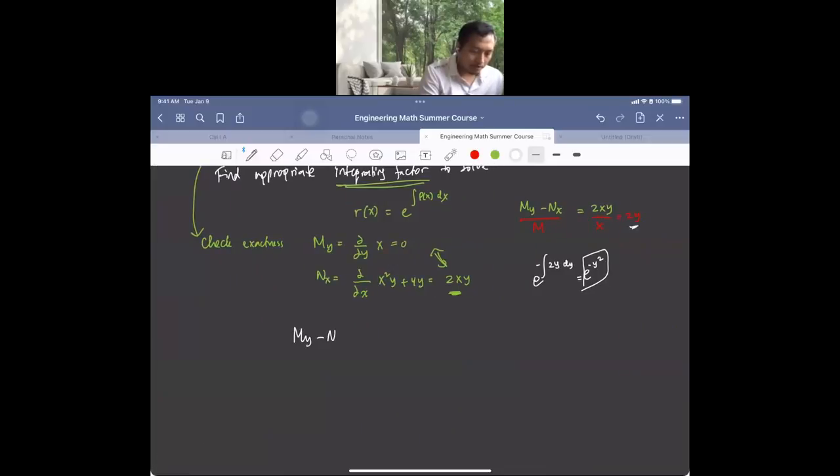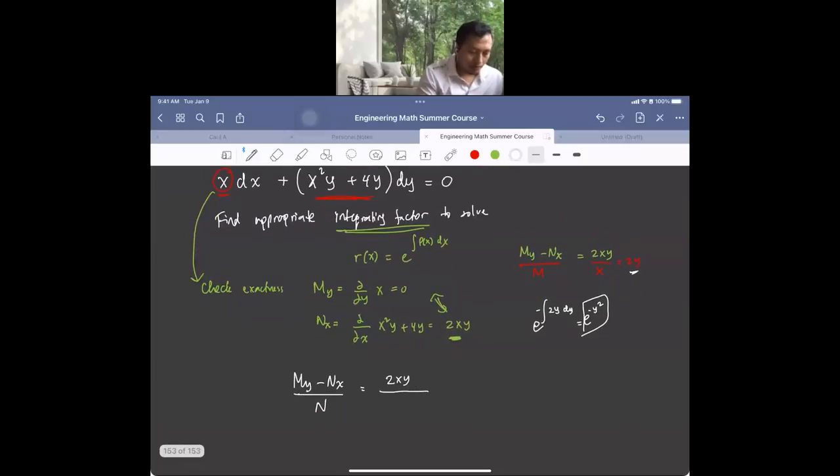Okay, now then, what happens if we divide by N? So we need to try both and consider which one is true. Okay, so we consider dividing by x squared y plus 4y, and I think we can factor, right?